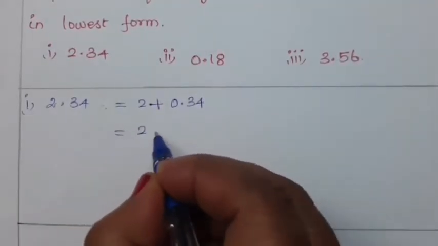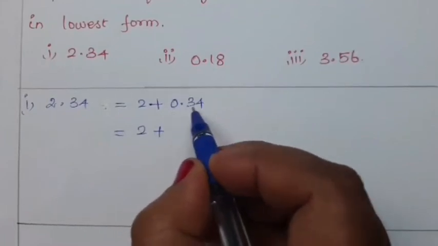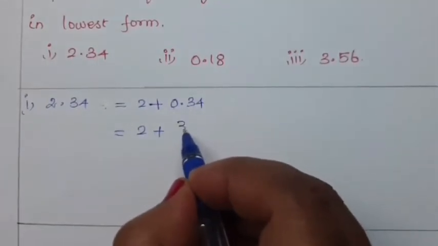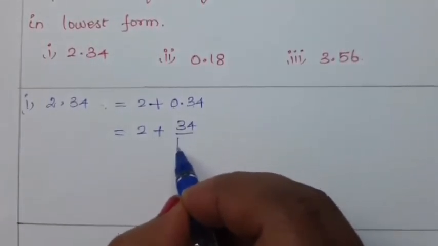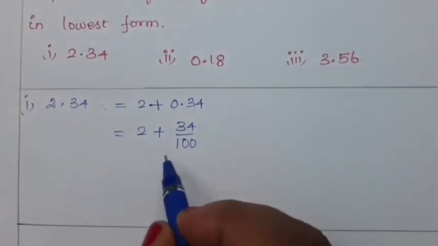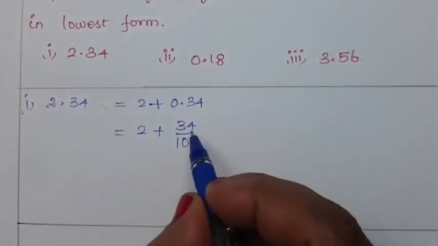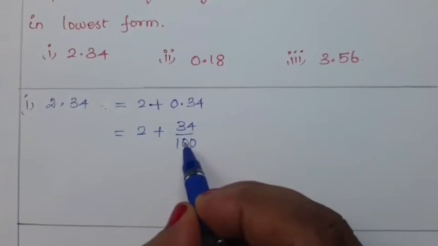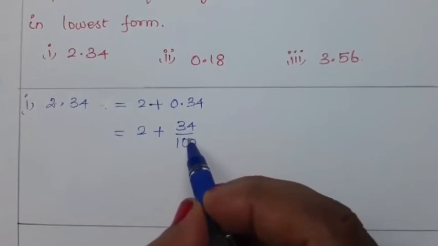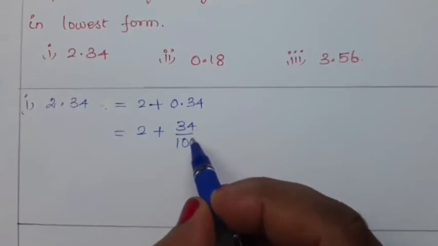I write this 2 as it is. This 0.34 can be written as 34 divided by 100. To simplify this 34 divided by 100, we can divide by 2 on both numerator and denominator.